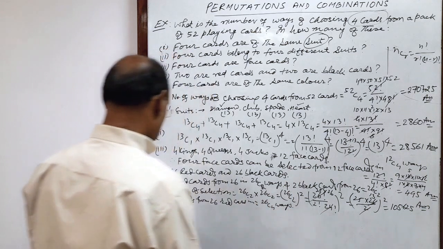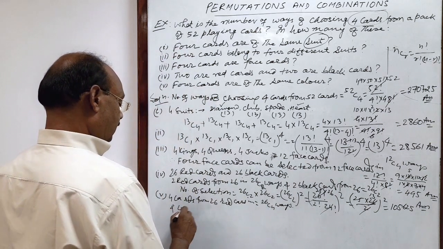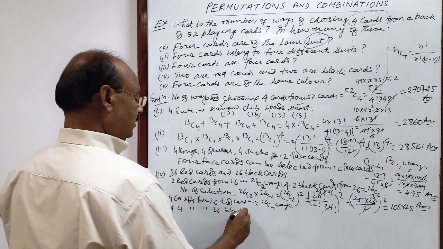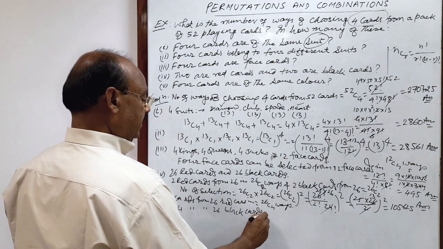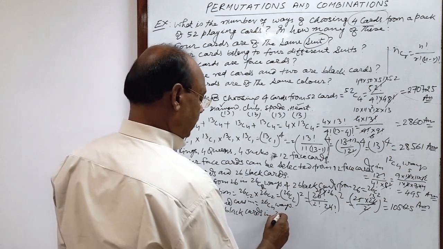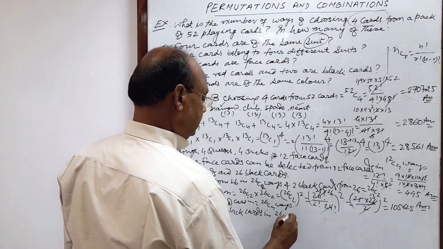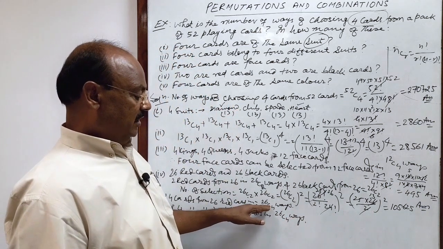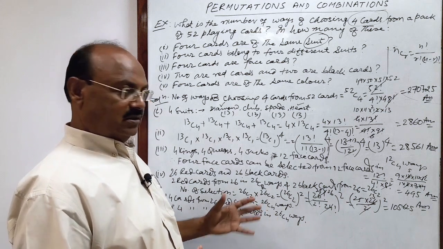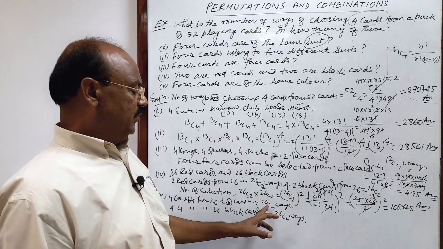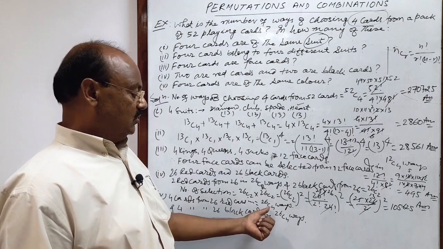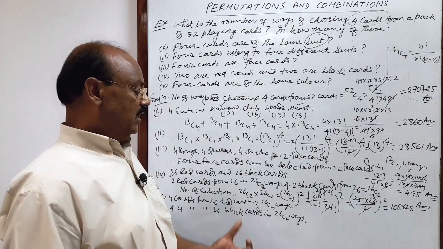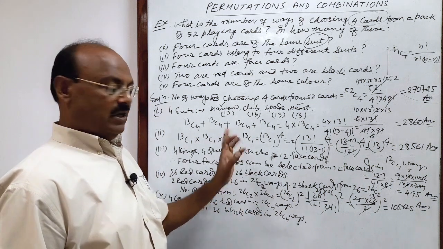Similarly, 4 cards from 26 black cards in how many ways? 26 C4 ways. As we discussed earlier, here in each step the job of selecting 4 cards is being completed. In this step also we have selected 4 cards. In this step also we have selected 4 cards. So for the total number of ways, there will be addition as we have discussed.